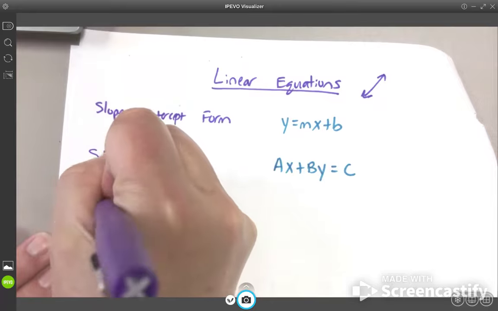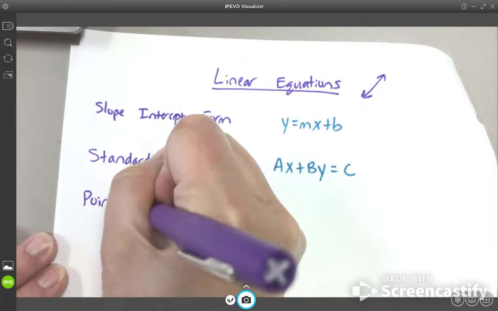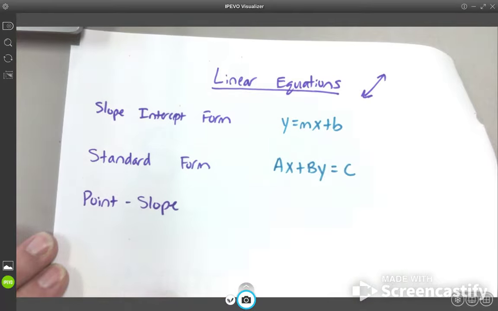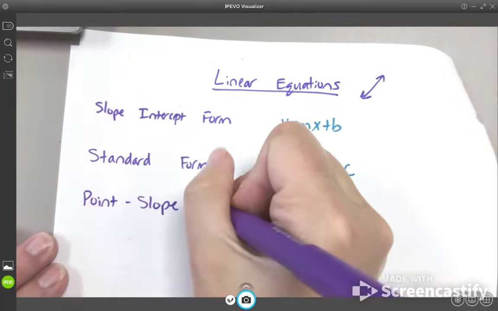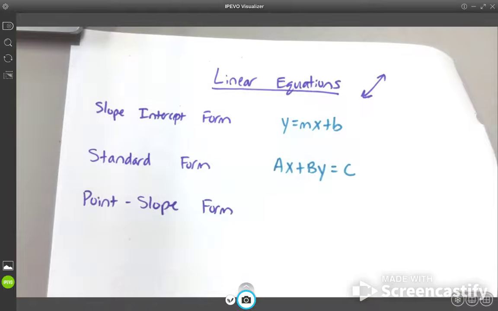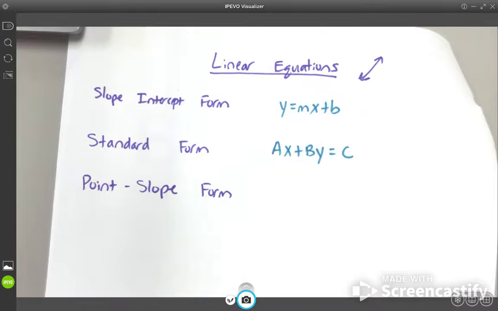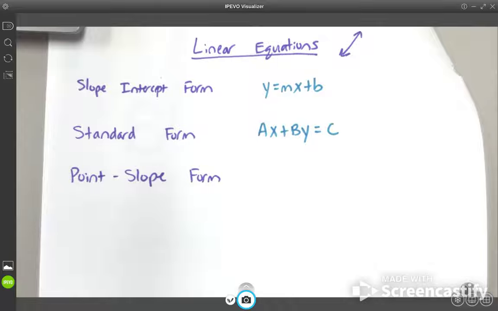In high school Algebra 1, probably the most common one that you spend time on is point-slope form. Point-slope form is used in a variety of ways for other things in algebra, geometry, other upper levels of math.